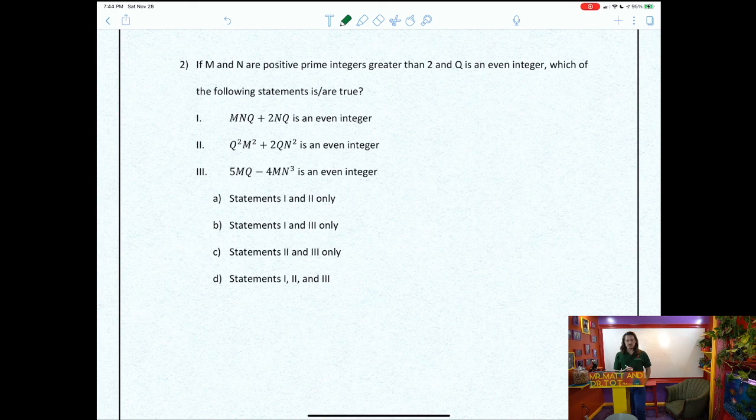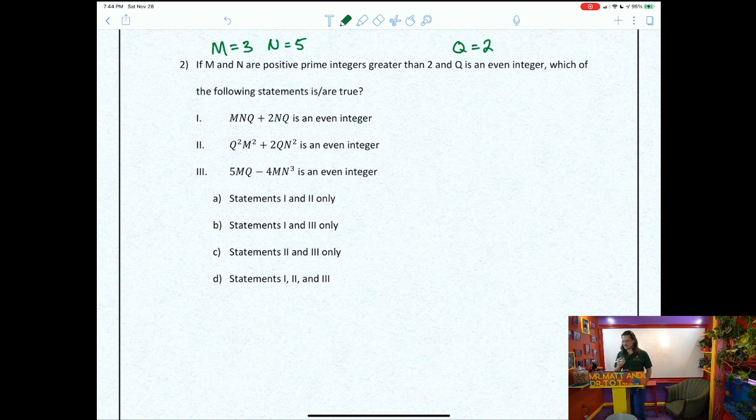So they didn't change anything about the domain here, so if we wanted to solve with substitution, we could use the same values as m being equal to 3, n being equal to 5, and q being equal to 2, because they satisfy the characteristics of m and n being positive, odd, prime numbers, and q being an even number.